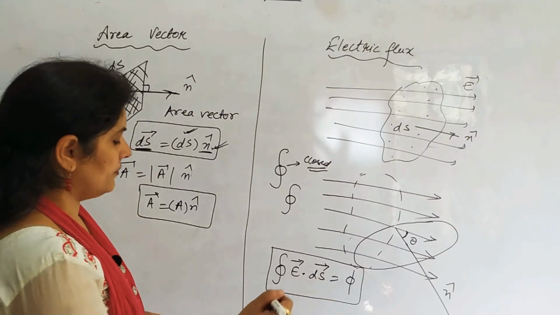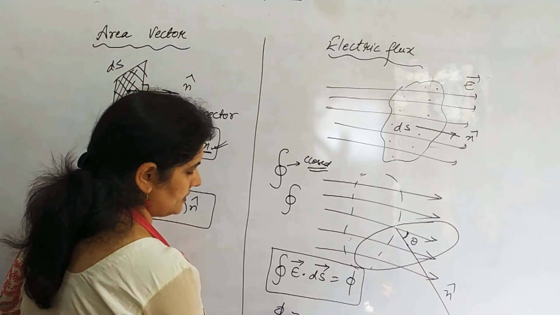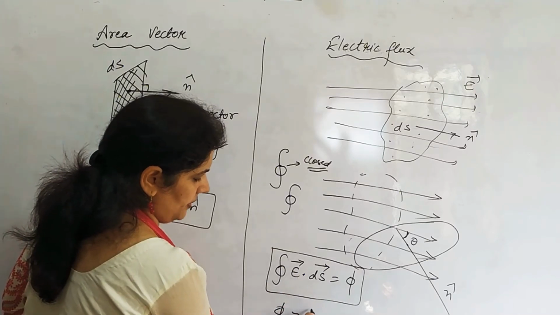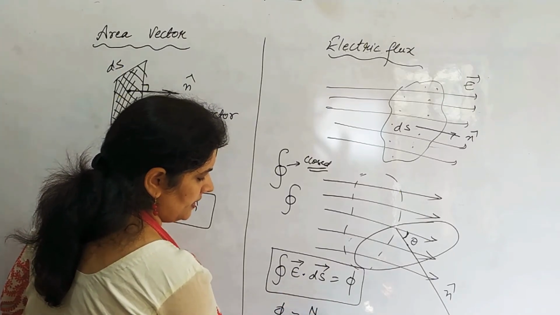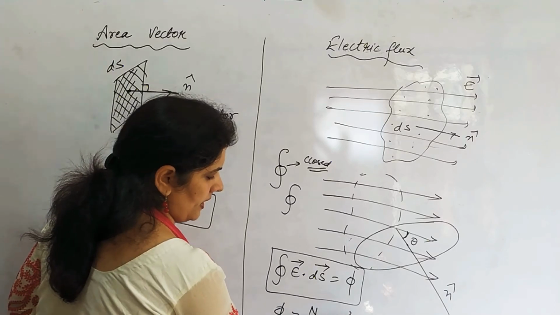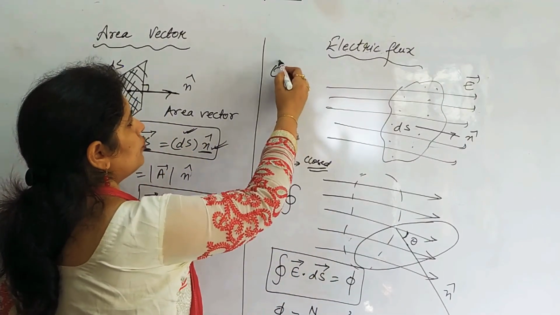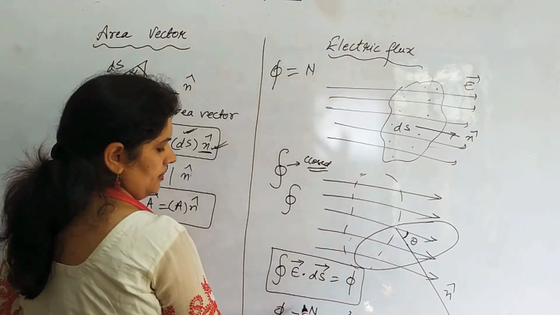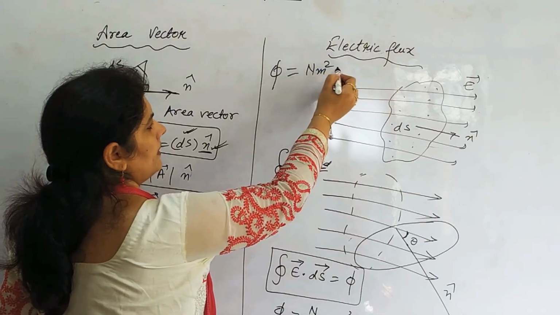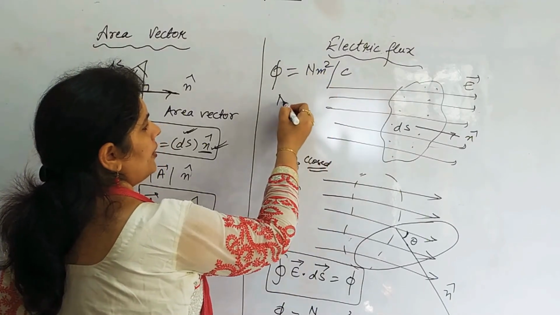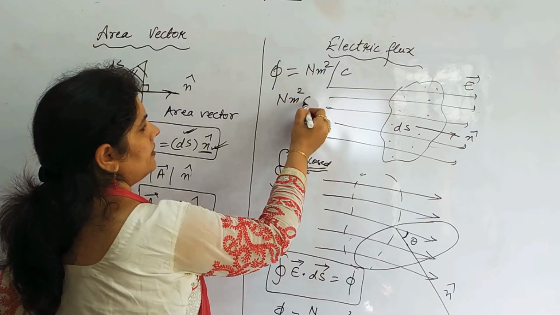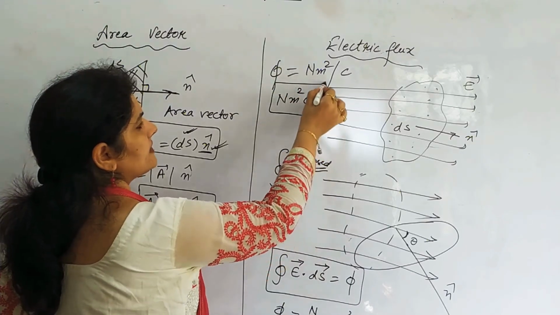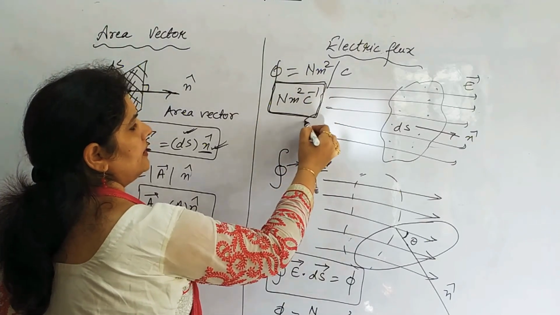Yes, what is the SI unit of electric field? Newton per coulomb into surface meter square. So its SI unit comes out to be Newton meter square per coulomb. This is the SI unit of electric flux.